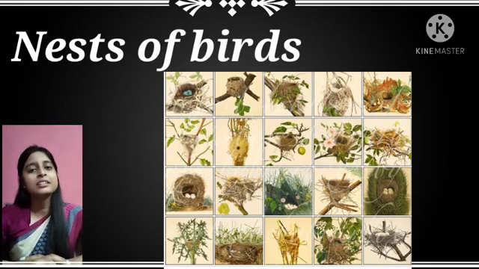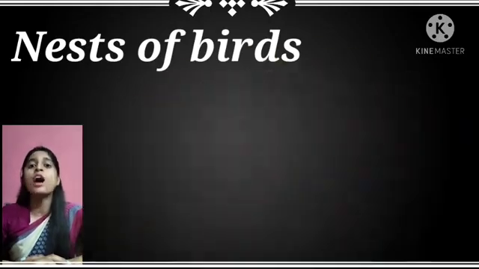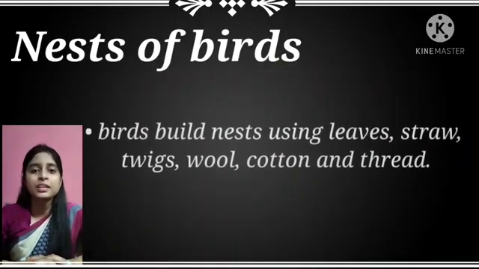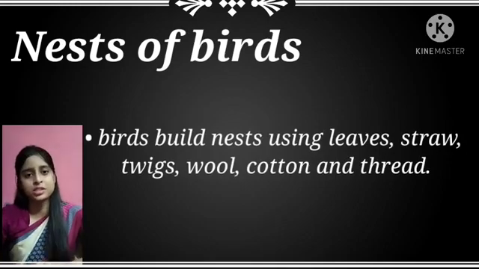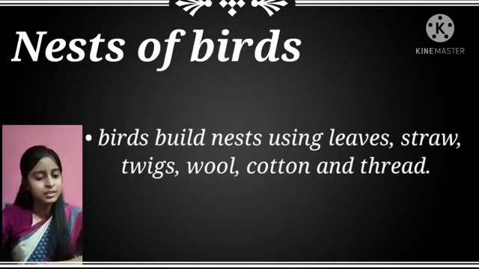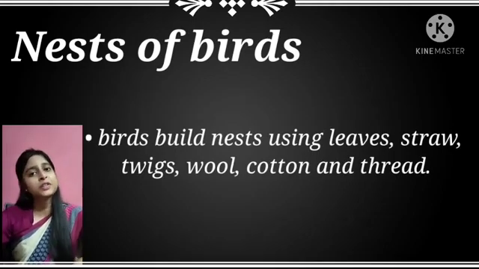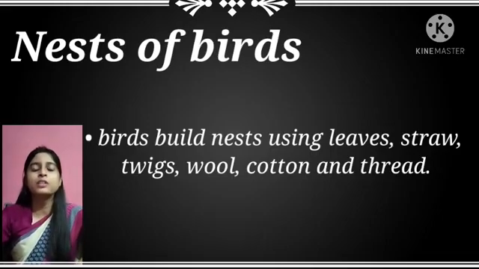Just like that, a nest, which is the house of the bird, protects them from different types of dangers. So birds live in nests, but different birds have different types of nests. Now we will discuss the nests of the birds.